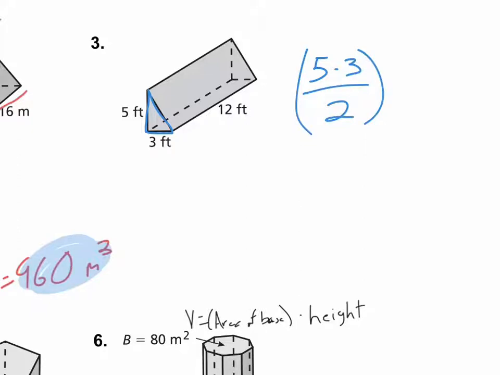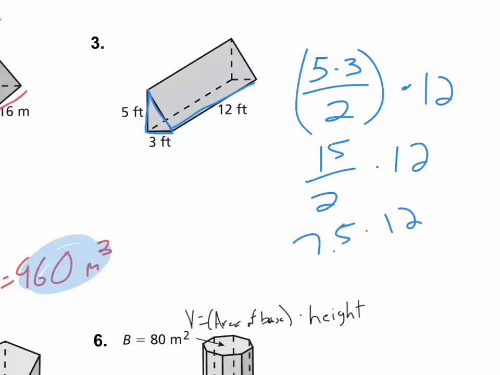Base times height divided by 2 is the area of a triangle. And then times your height, which is 12. So you get 15 divided by 2 times 12, 7.5 times 12, which is equal to 90, and then we label it feet cubed. That would be my answer right there, 90 feet cubed.